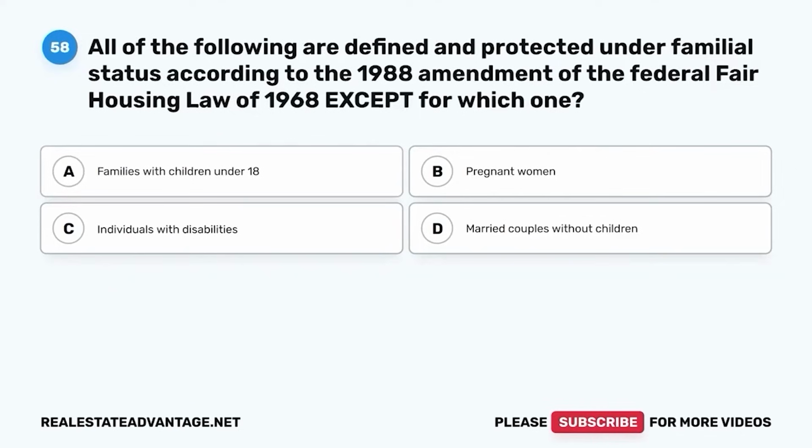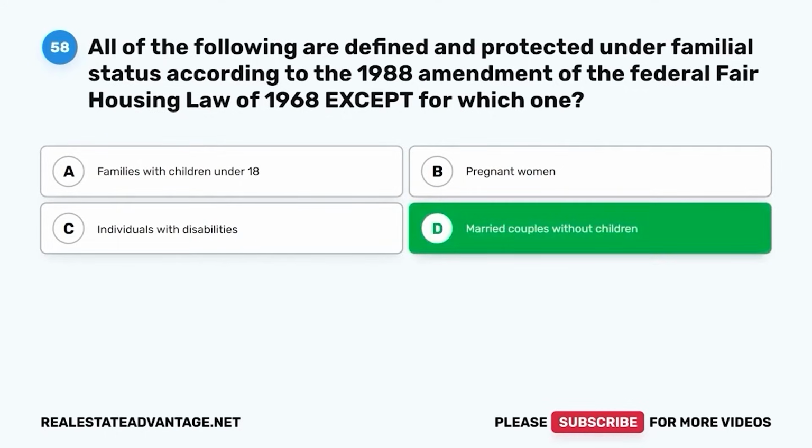Question 58. All of the following are defined and protected under familial status according to the 1988 Amendment of the Federal Fair Housing Law of 1968, except for which one? A. Families with children under 18. B. Pregnant women. C. Individuals with disabilities. D. Married couples without children.